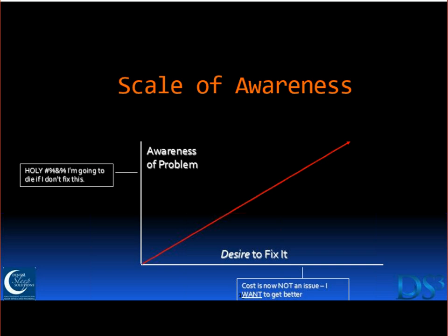We choose to be unhealthy because it's easier or whatever the reasons are. But if we start with the premise that any reasonable person would prefer not to have all the problems that apnea causes, then we just have to help them become aware that they may be at risk, and then their desire to fix it, or to look into the possibilities, will go up.